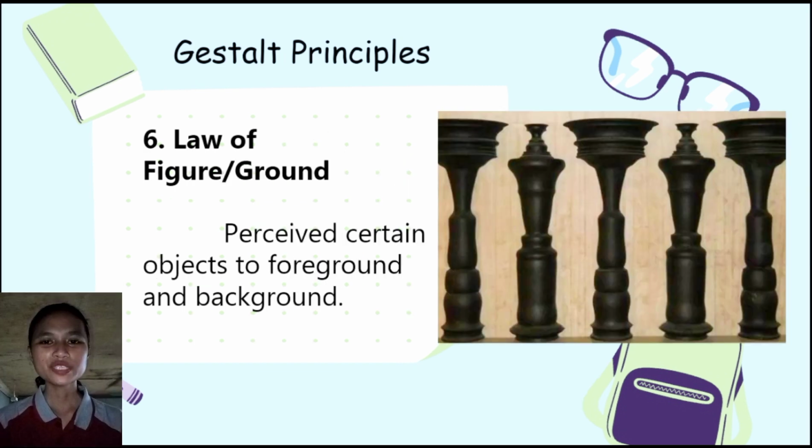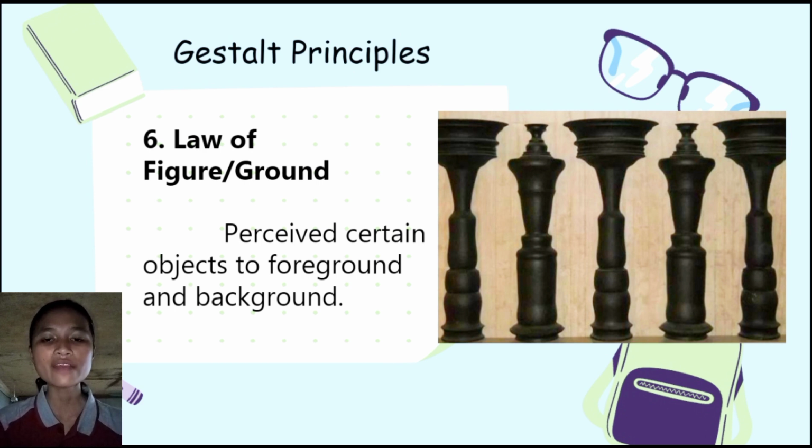So now let us proceed to the last principle, and it is the law of figure or ground. In this principle, we perceive a certain object as its foreground and its background. Most of us, the way we see a picture, first pay attention to its foreground rather than its background.